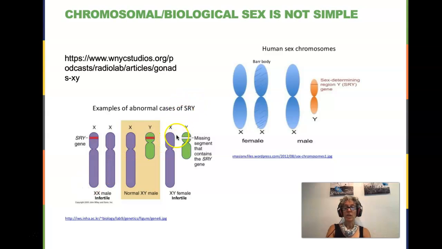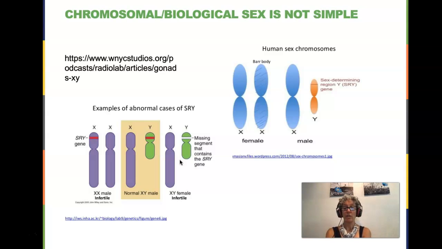In addition, we could have someone with a normal X chromosome and a Y chromosome where that SRY gene is missing, and chromosomally they are an XY person, but would develop physically with secondary sexual characteristics of a female. And that doesn't even get into gender identity, separate thing.